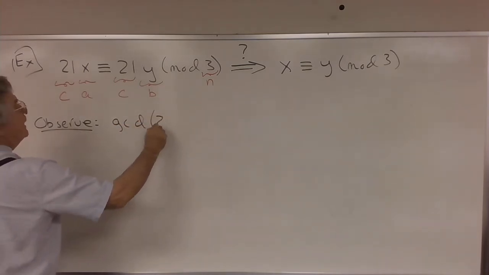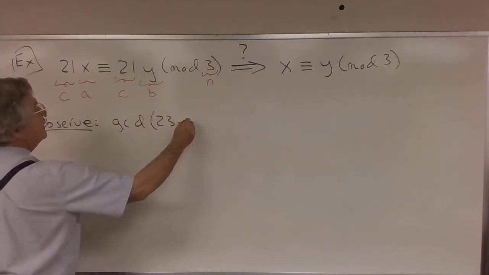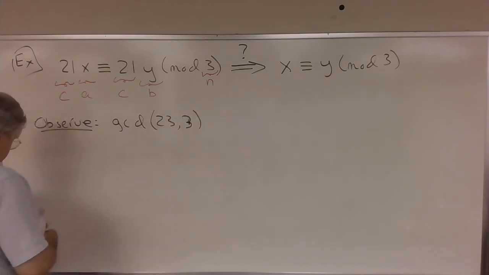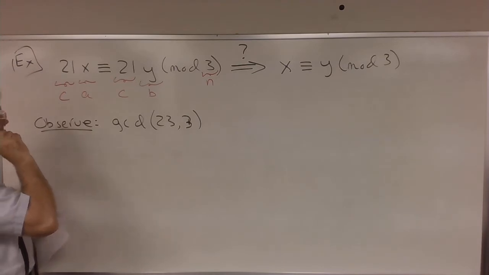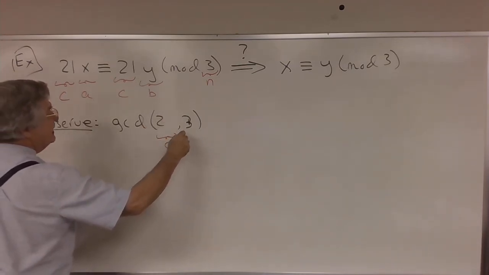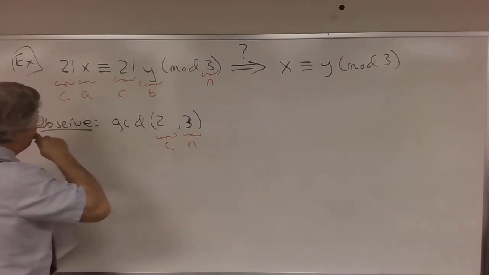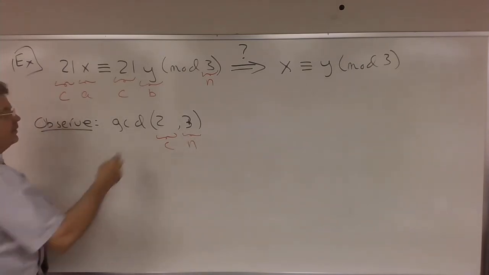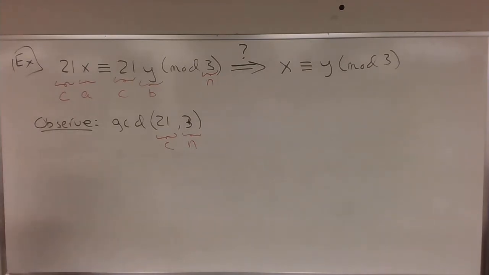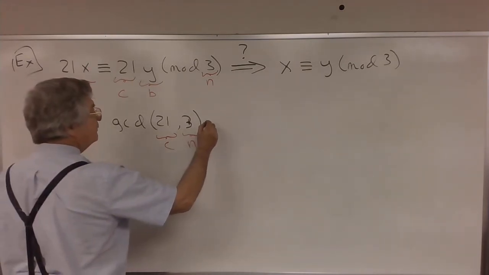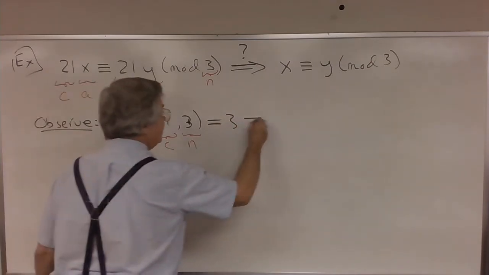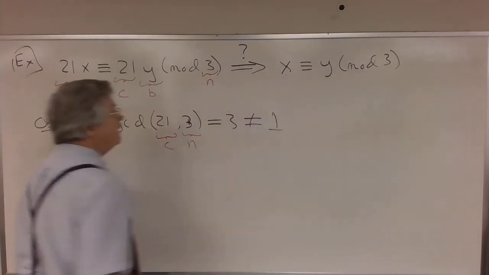Greatest common divisor of C and N. And contrary to what I said, C is 21. Greatest common divisor of 21 and 3 is 3, and not 1.